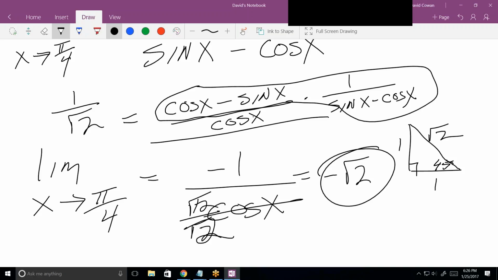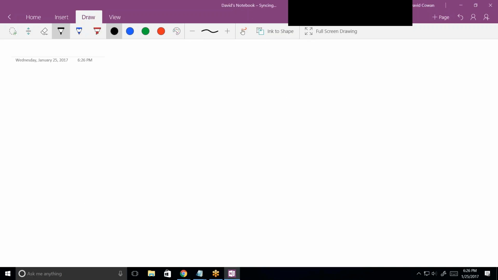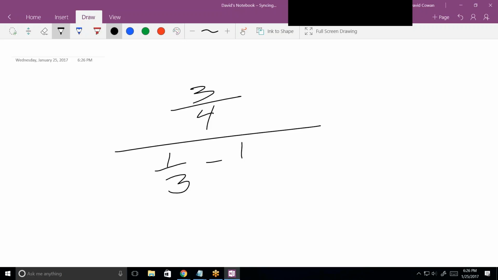Why was I confused about that? I guess it's because of this. If I have something like 3/4 divided by 1/3 minus 1/4, I can't just flip the bottom and multiply because the bottom is 2 different fractions.